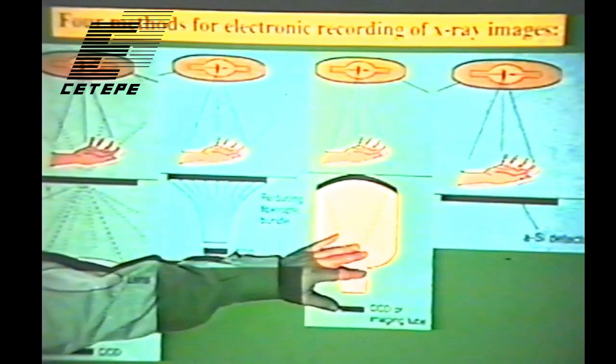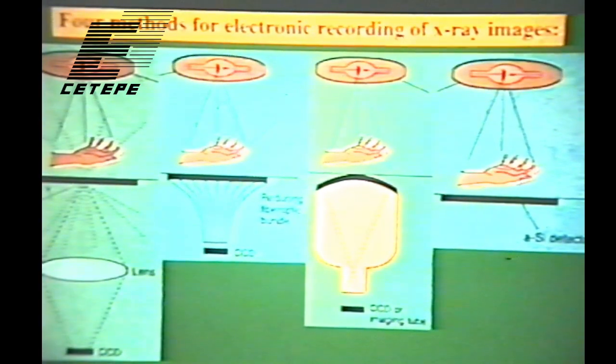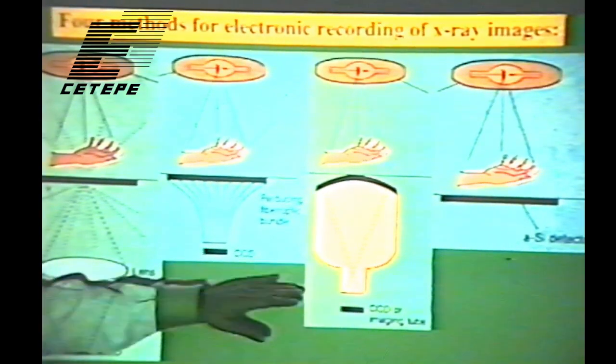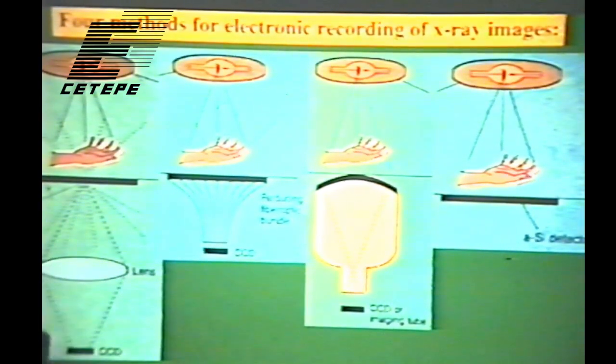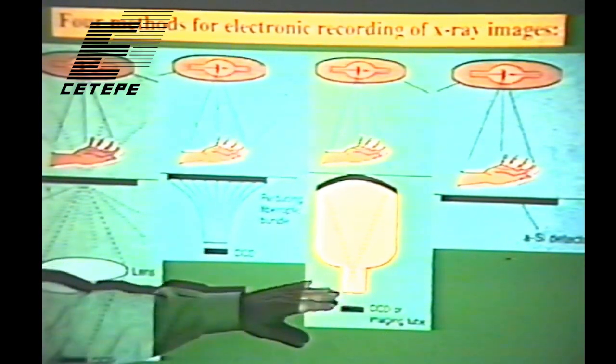And then we talked about image intensifiers, which have the benefit of very high gain. Whereas with a system like this, you might have X-ray exposure times of many seconds or even minutes, with an image intensifier you can do 30 frames a second and actually get motion, imaging the beating heart, for instance, which you could never do with this. But image intensifiers suffer from noise and spatial distortion.